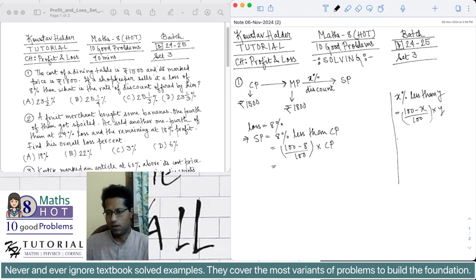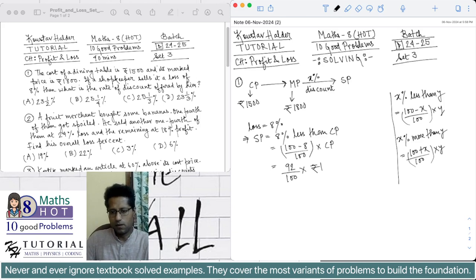Similarly, the amount x% more than y is equal to 100 plus x divided by 100 whole multiplied by y. Okay, so we have 8% less than CP is equal to this. 100 minus 8 divided by 100 is 92 by 100 multiplied by the CP, which is given to be 1500. Okay, so we have this.